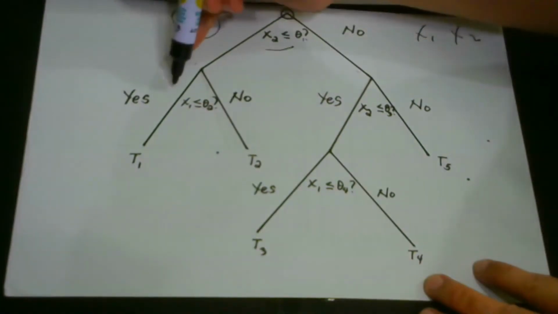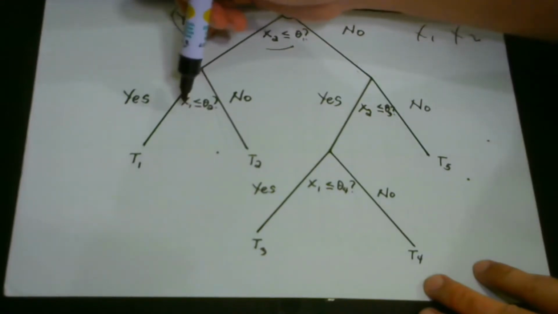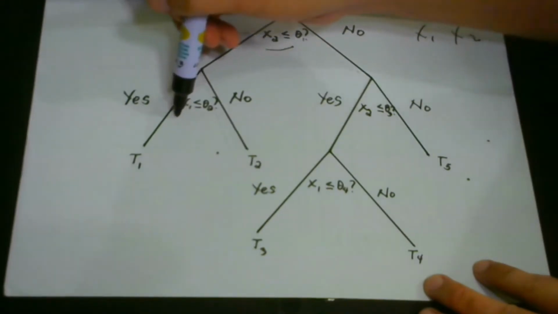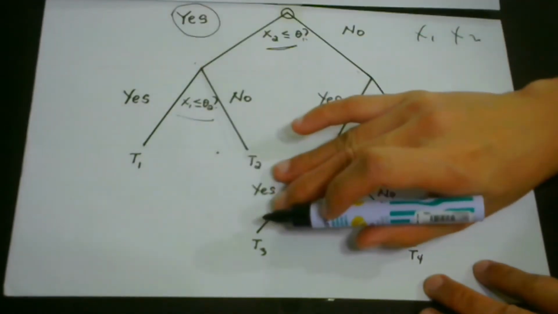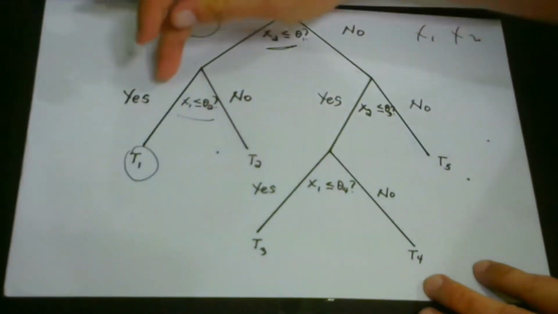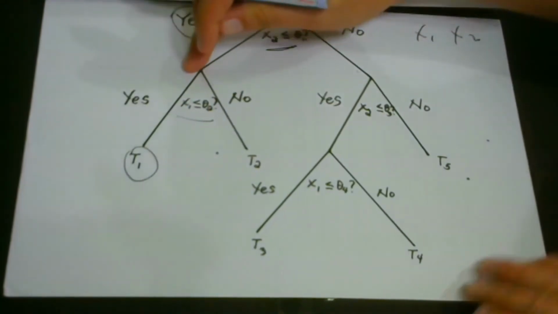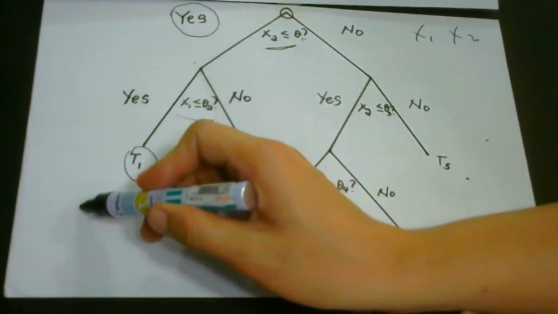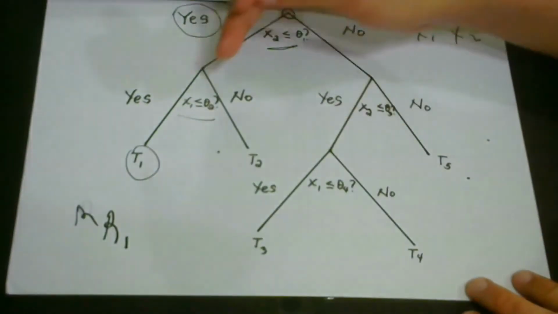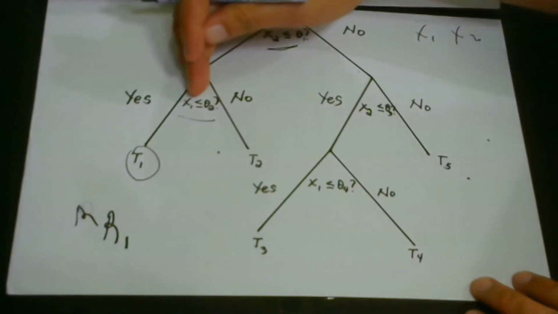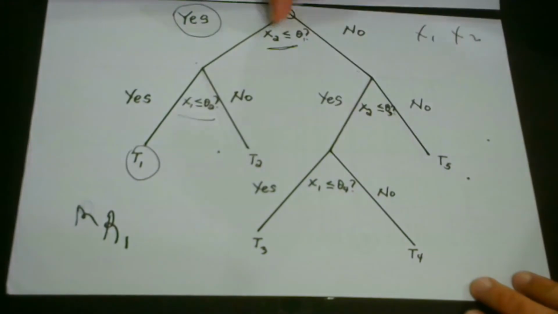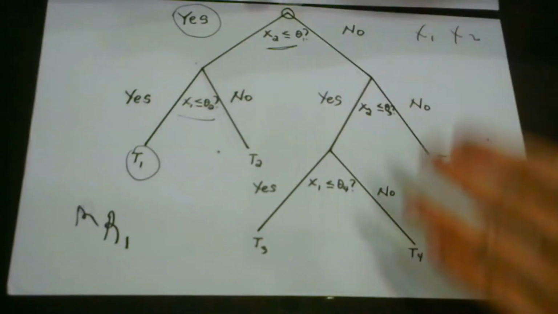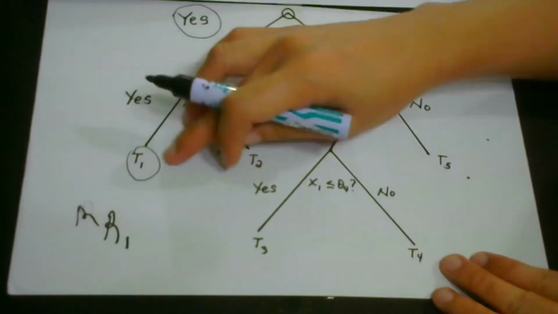If we answer yes, it means it complies with this feature and it complies with this feature. So T1, which is yes, is within the region of R1. Let me write here, R1, which is equal to x1 equal to or less than theta 2 and x2 equal to or less than theta 1. That is the region that corresponds to T1, which is yes.